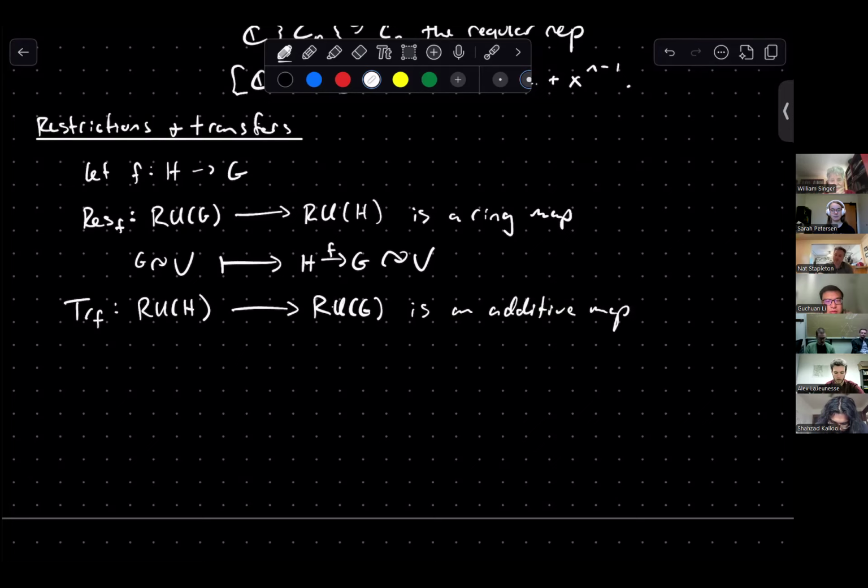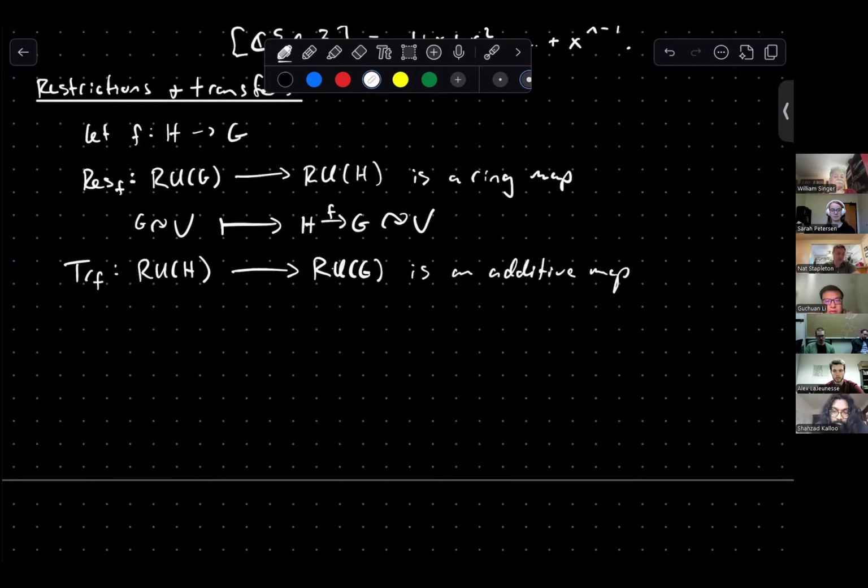And how is this one defined? Well, this is induced by the map taking an H representation V to the base change of V to C[G].